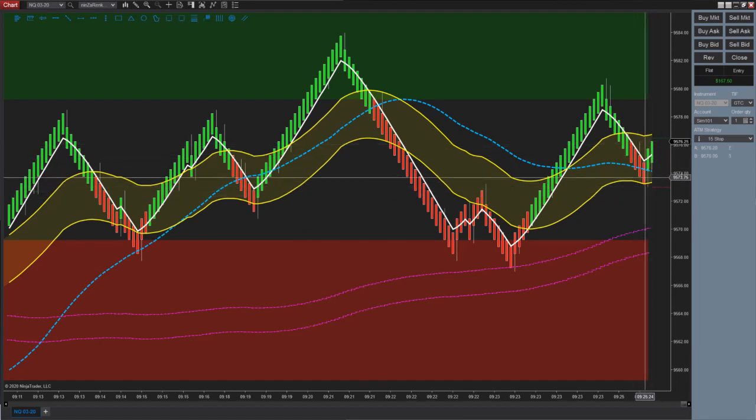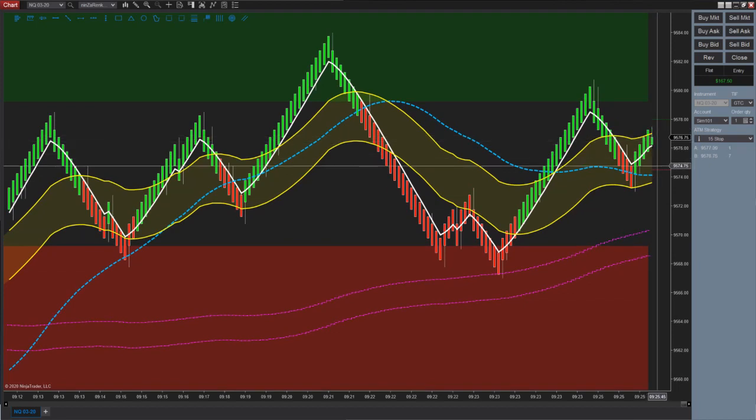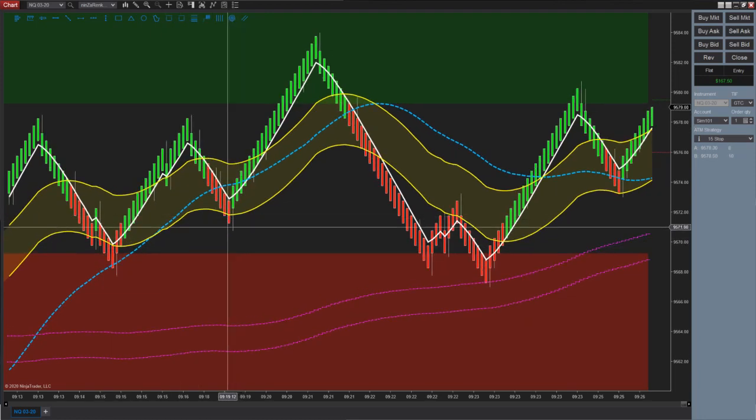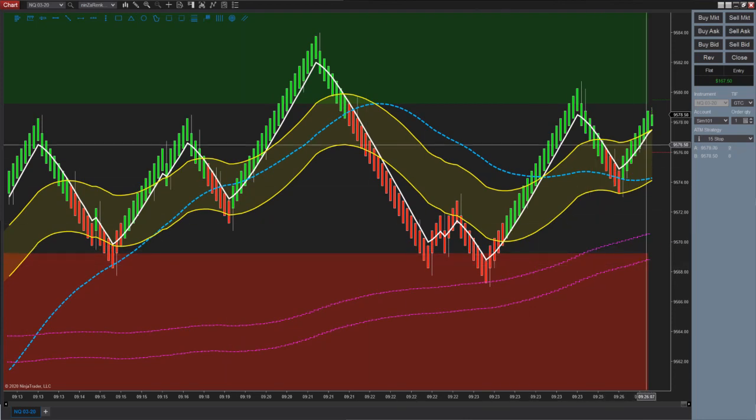I don't like to see this. This could be just a little bit up there, pull back again, and then take off. That's what they usually do on pullbacks like this. So I don't like that we didn't develop at least one red bar under this yellow line. Just like this here, or this one here. Let them go if they want.